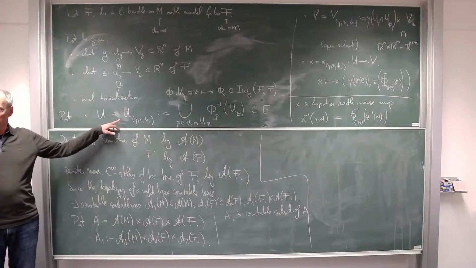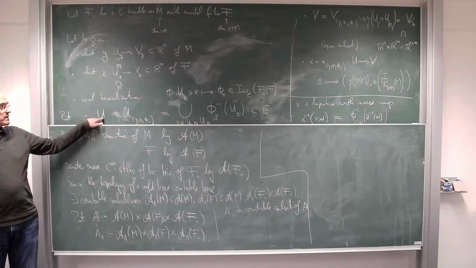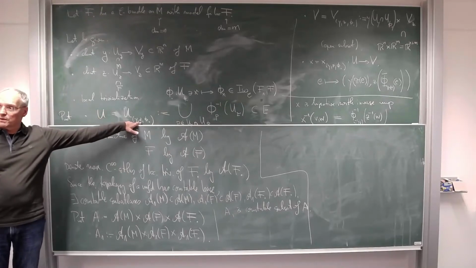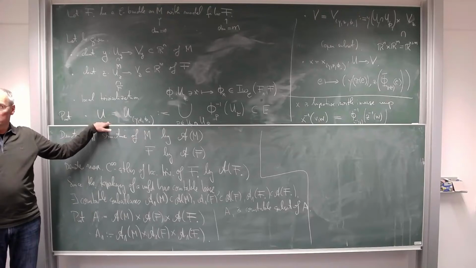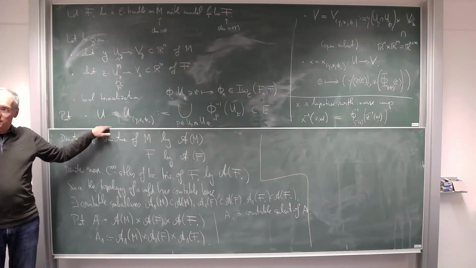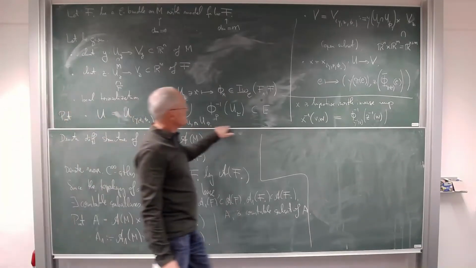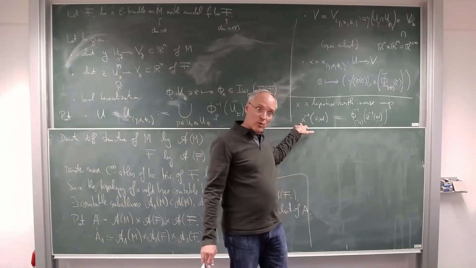That's the first thing. The second thing will be to check if I intersect two such U's coming from two different triples, and I apply the chart of one of them, then I get a subset in R^(n+m), and then I have to check that this is an open subset. That was the second thing to check. The third thing was to check that if I do coordinate transformations, so if I compose one of the x's with another x inverse, then I get a diffeomorphism.